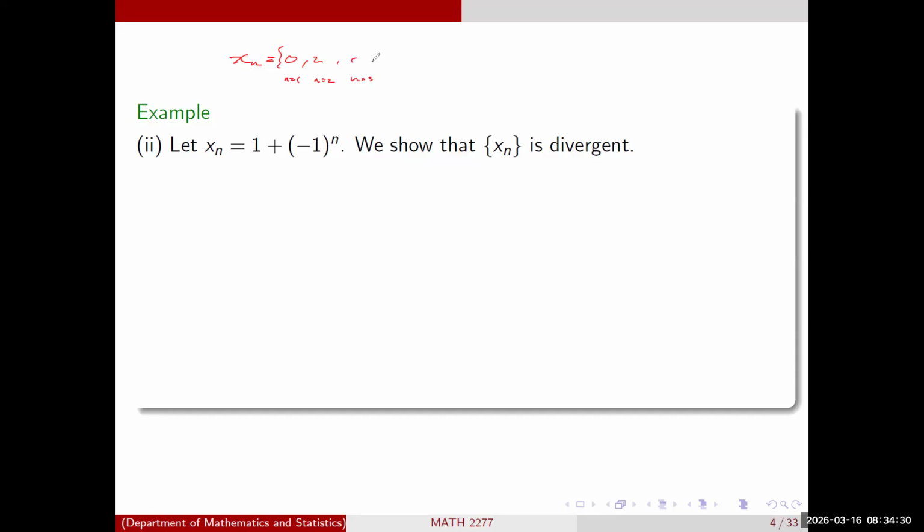So you'll quickly see that for odd values of n, the sequence is 0. And for even values of n, the sequence is 2, right?